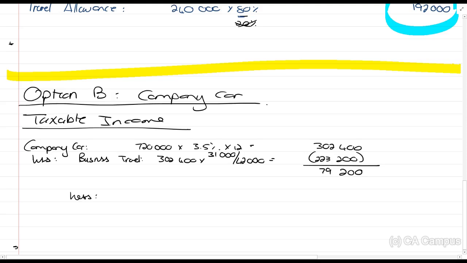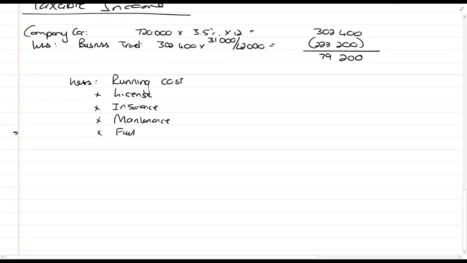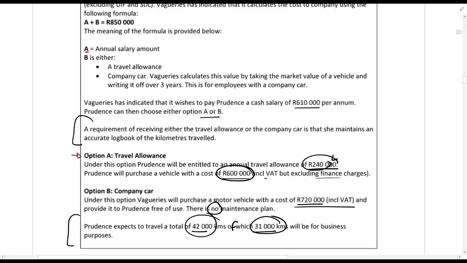Less running costs or risk costs. So, license, insurance, maintenance, fuel. Okay, so what are these costs?